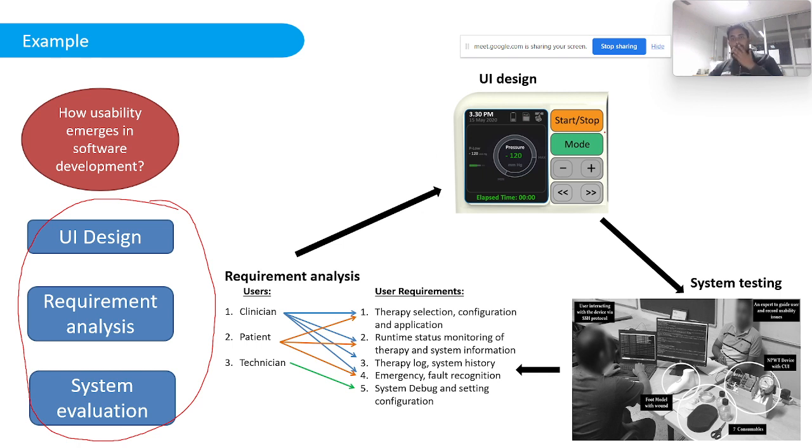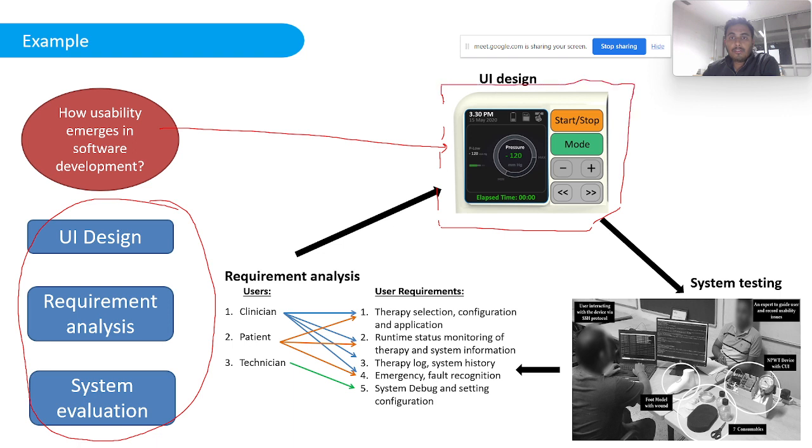In the previous way of doing software design or product design, usability only concerned the ease of use of this particular interface. Okay, and these data actually were collected separately by a separate team. Okay.